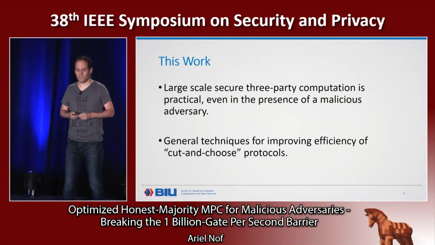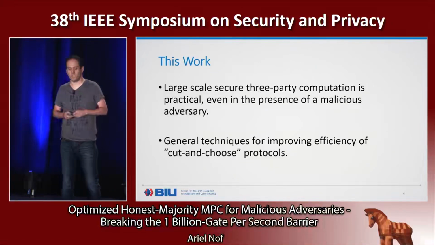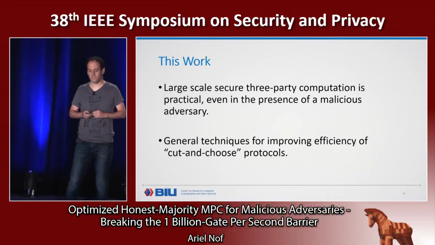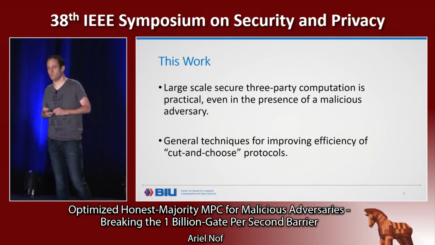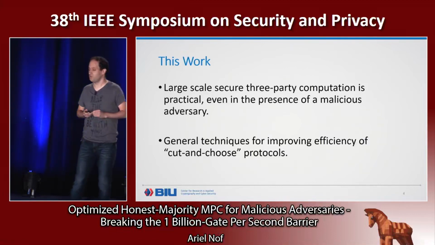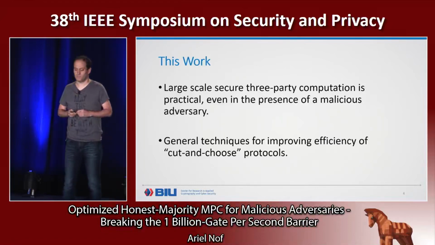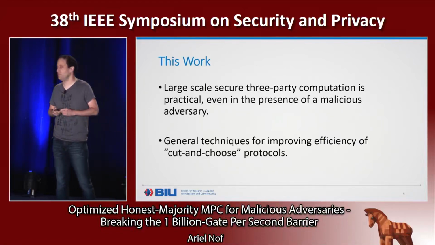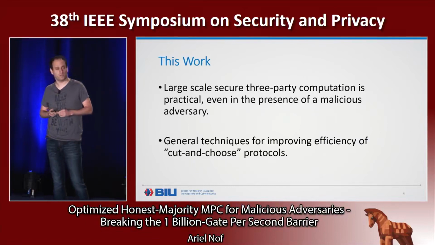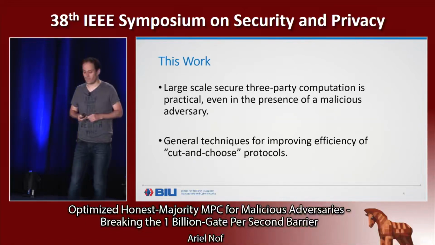In this work, we show that large-scale secure three-party computation is practical, even when we require security in the presence of malicious adversaries. And we provide some general techniques for improving efficiency of protocols that are based on the cut and choose method that I will present in a few minutes.